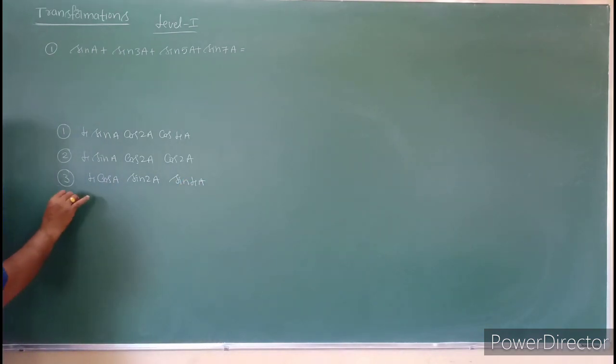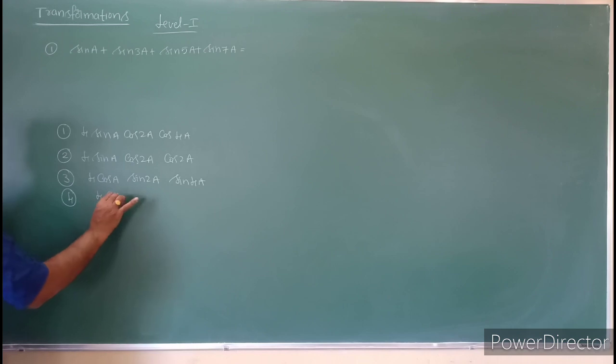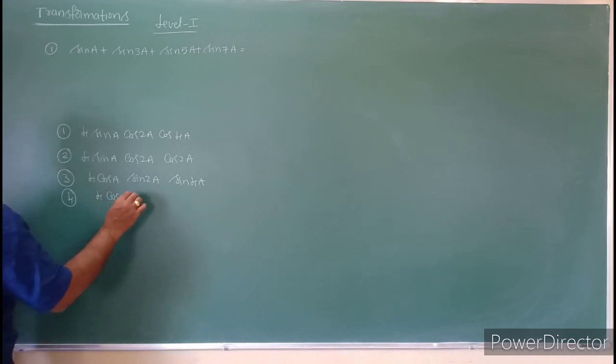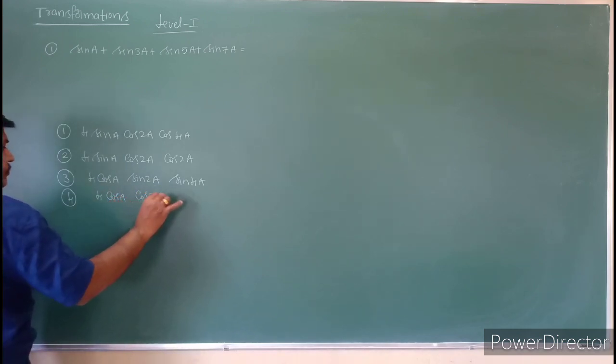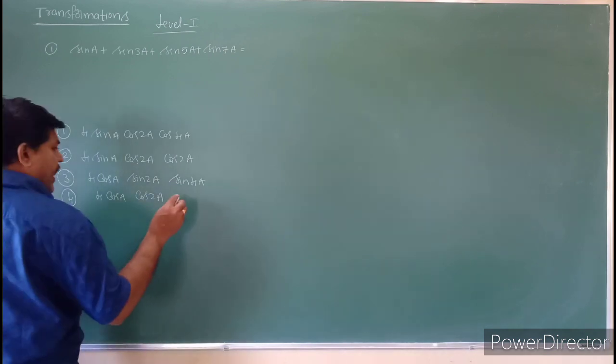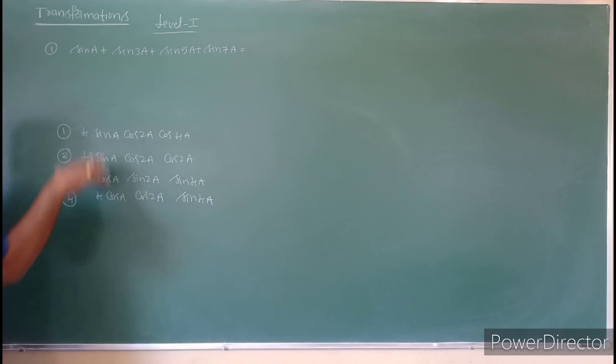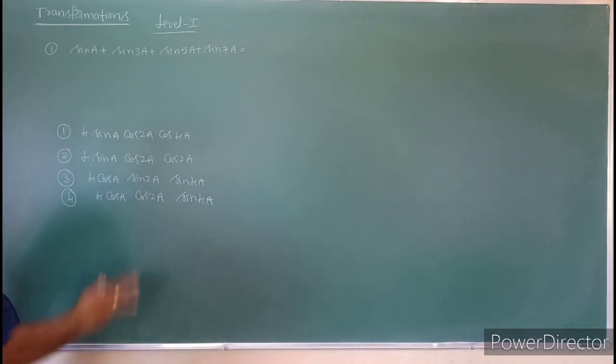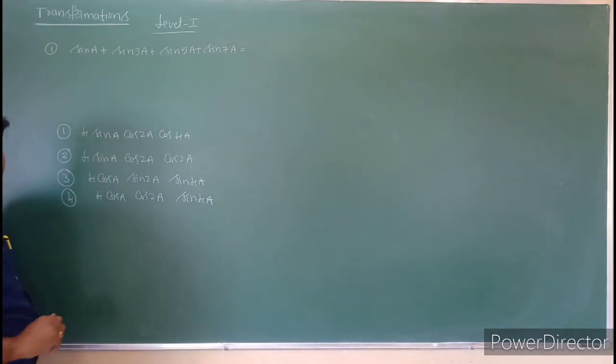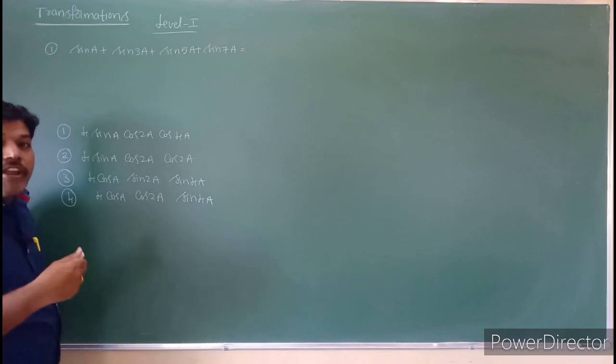So see the fourth option. What is the fourth option given? 4 cos A, cos 2A, sin 4A. So these are the 4 options given. So this question they are asking which option is equal. So this type of questions we will verify the options.